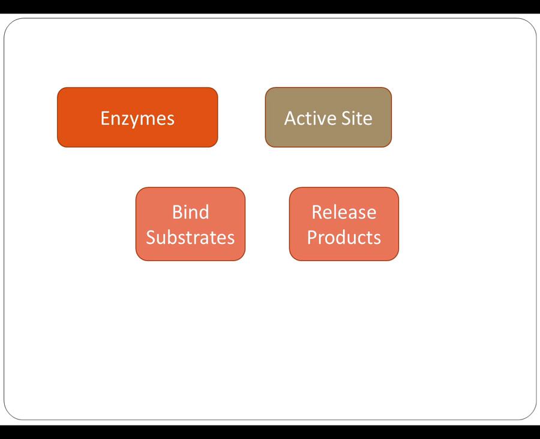Where I'm going is the bulk of the protein is maintaining this shape so that we can build the active site. The active site couldn't be built without the rest of the enzyme. So the rest of the enzyme gives the structure and holds it together. The active site is where the catalytic portion of the enzyme is. If you remember the previous animation that I showed at the beginning of class, ATP entered that big green blob.